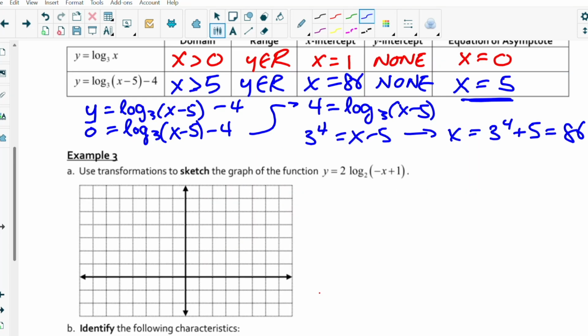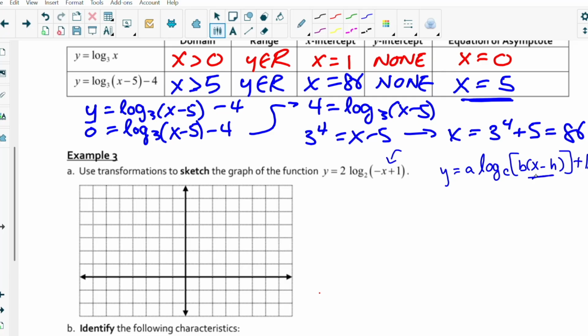Next example, use transformations to sketch the graph of y equals 2 log base 2 of (negative x plus 1). First off, I have to do this, folks. You have to put it in the correct form. Remember, the correct form is y equals a times log base c of b times (x minus h) plus k.